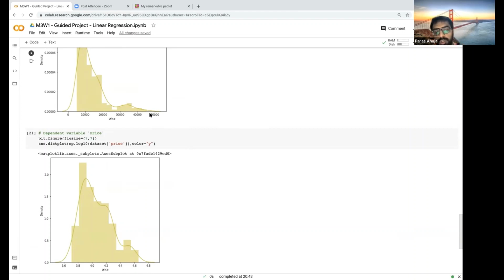What does the log function do? As the values increase, it decreases the space between them. See, here the difference is 4.4, 4.2 and 4.8, but earlier the distance was 20,000 and 50,000. So now we'll have more of the data samples for our dependent variable coming up as part of our normal distribution.